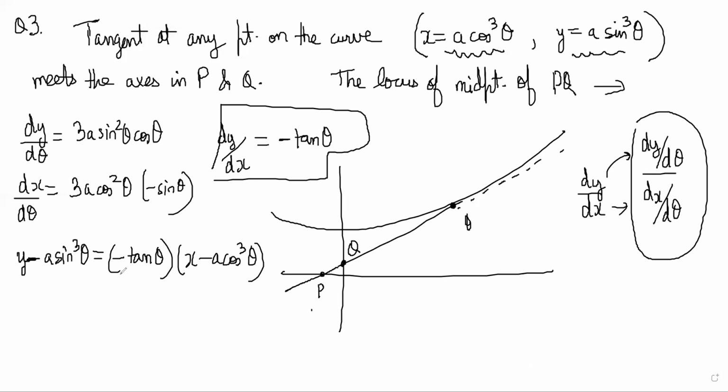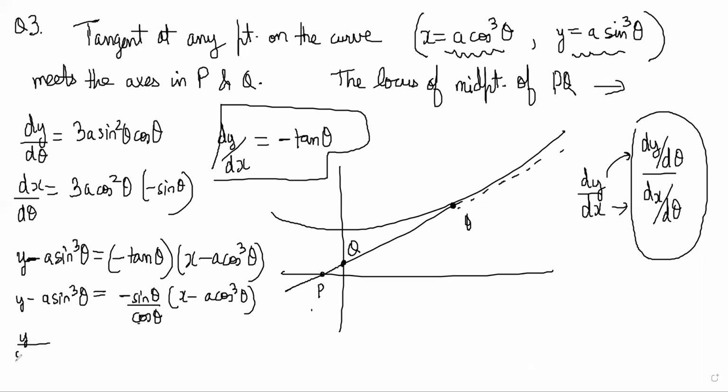So you could simplify it a little bit. Let's try that. You can write it as y minus a sine cube theta is equal to minus sine theta by cos theta into x minus a cos cube theta, and divide this side by sine theta and keep the cos theta here, right?